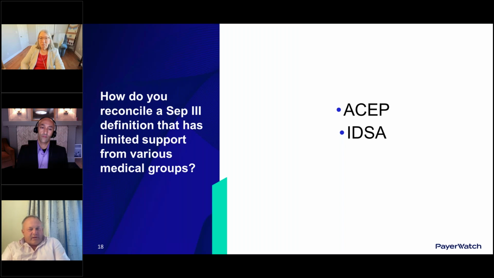One of the things we'll often point out is that SOFA and Sepsis-3 isn't universally recognized. The American College of Emergency Physicians and the Infectious Diseases Society of America aren't necessarily totally on board with using SOFA scores and Sepsis-3 for a definition of sepsis. We bring that up in our appeals, with the idea of getting this to a third party to realize that there is some portion of the medical community that is supportive of Sepsis-3, but it's not universally accepted.